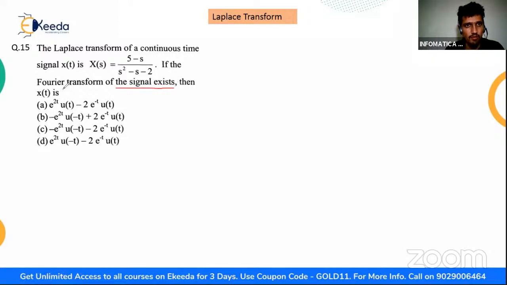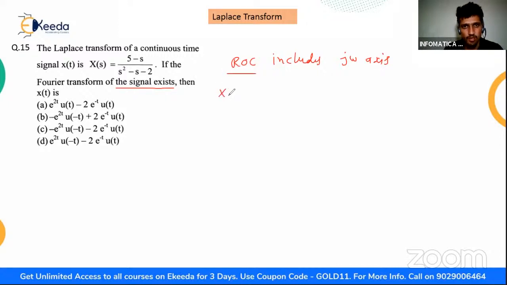What they have said, Fourier transform exists, means the ROC includes the j omega axis, because the Fourier transform exists for stable signals only. So the ROC must include the j omega axis.